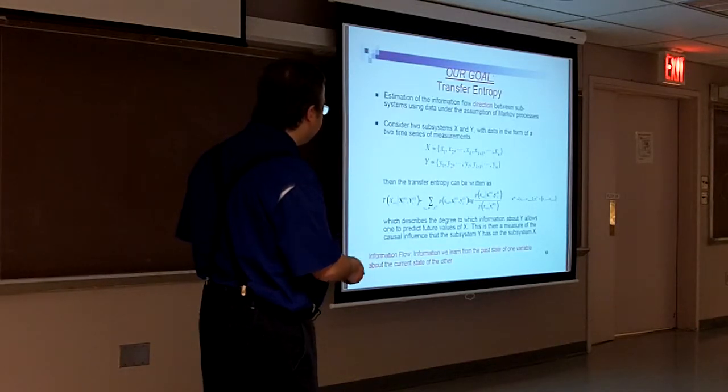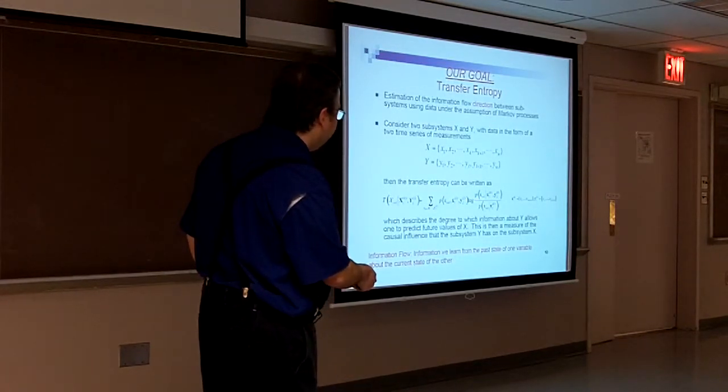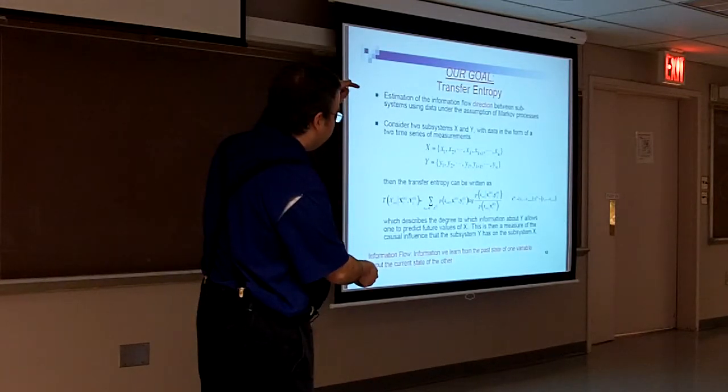The transfer entropy is defined by this Kullback-Leibler divergence. So if you look at this Kullback-Leibler divergence, the numerator, x i plus 1, which is the future value, depends on its past k values.